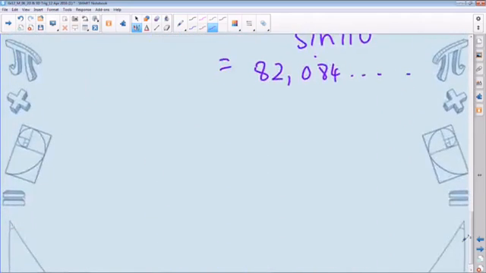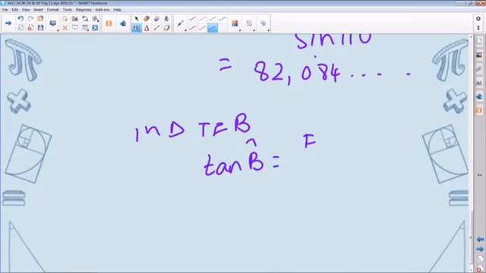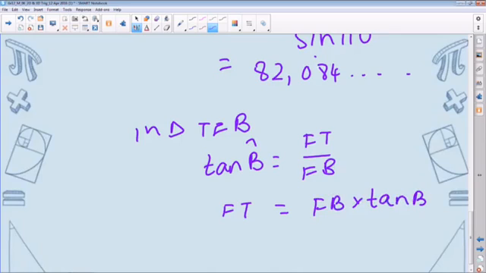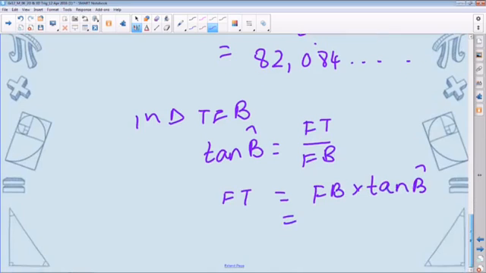All right, so we say in triangle TFB, tan of angle B, which we know is 25, is going to be equal to FT over FB. Okay, so therefore we can say, well, the one we're looking for, which is FT or H, is going to be equal to, cross multiplying again, FB times tan of angle B. We have worked out the length of FB.